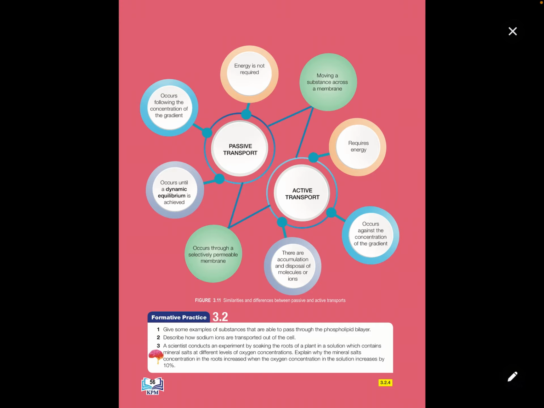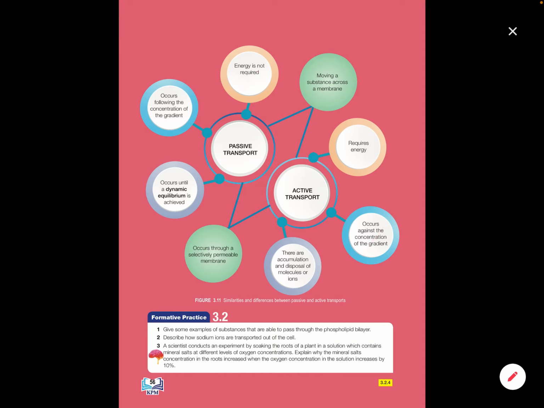So yeah, I mentioned a lot of this already. Passive transport doesn't require energy. Active transport is from low to high, which is against the gradient. The way to write it as an answer will be: it occurs against the concentration gradient.